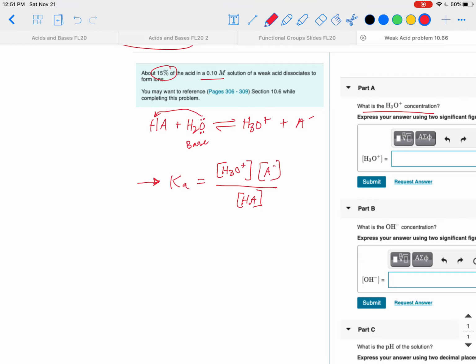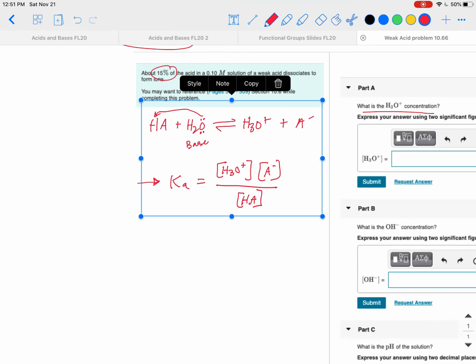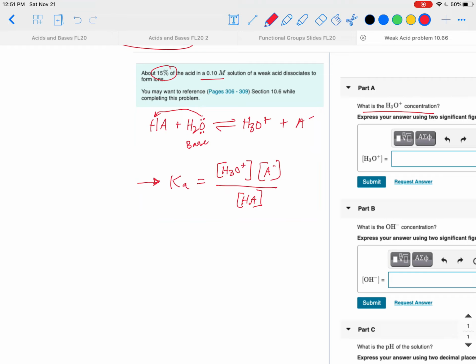So we can calculate the concentration of H3O plus this way. Initially, we have 100% of the acid. And it says what we end up with is 15% here and 15% of this.